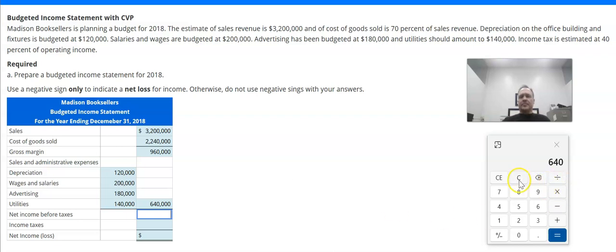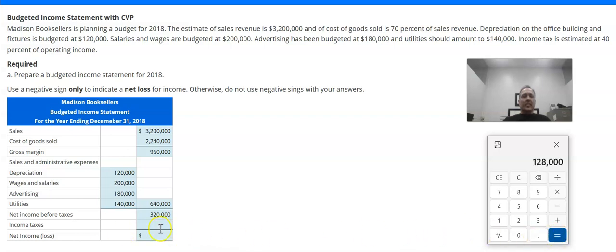And then net income before taxes, we can just simply take the 960 minus the $640,000 in operating expenses. Okay, and income taxes, what they do. It says income tax is estimated at 40% of operating revenue. Okay, so just take the 320. This net income before taxes, we don't have any peripheral items, so that actually is operating income.